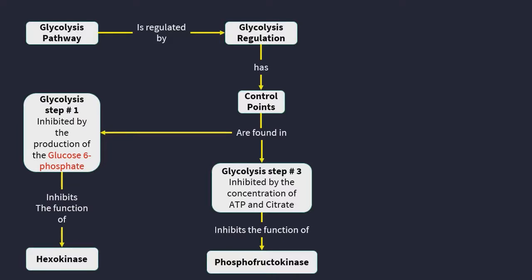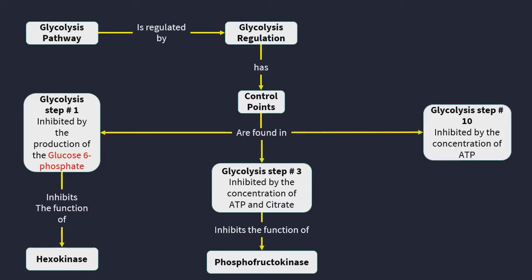And finally, the last glycolysis regulation can be found in glycolysis step number 10, and that is inhibited by the concentration again of adenosine triphosphate. That will also inhibit the function of an enzyme called pyruvate kinase. These are the 3 control points where we can find the glycolysis regulation in the glycolysis pathway.